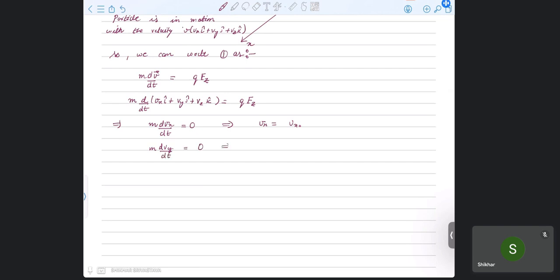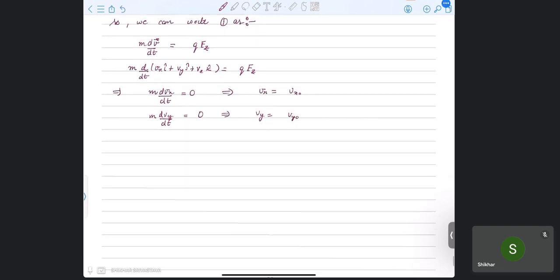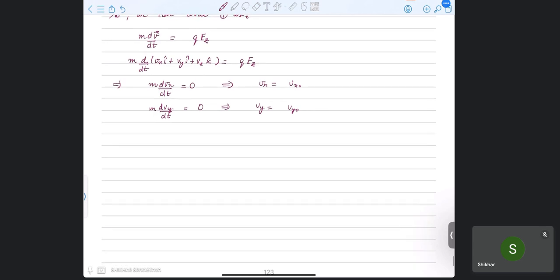If you integrate, Vy is equal to some constant, which is the initial velocity. And third, the acceleration in the z direction is given by dvz by dt.